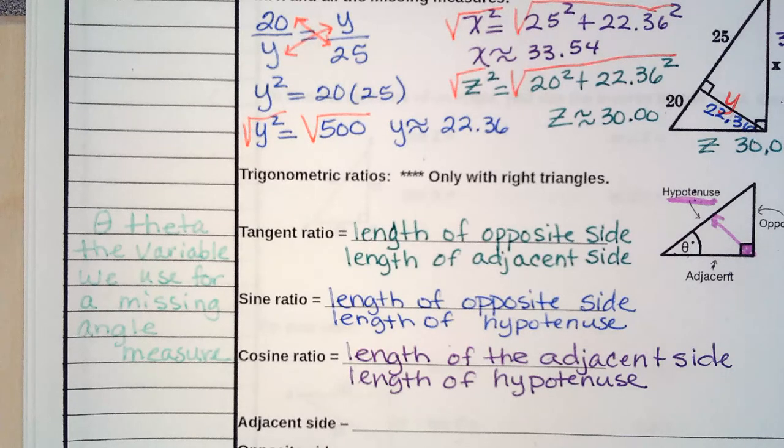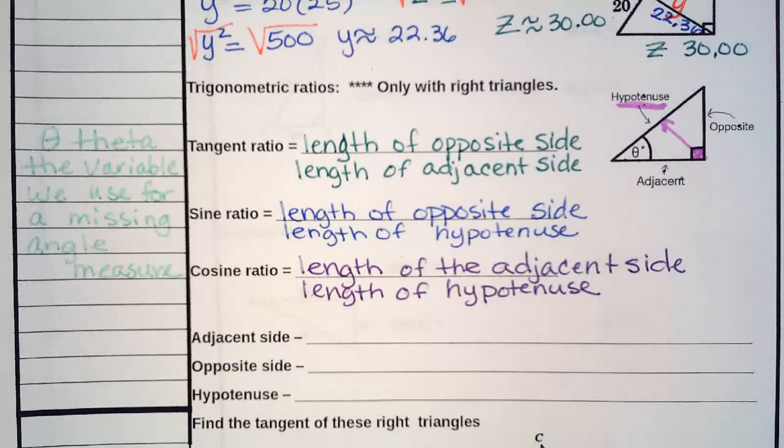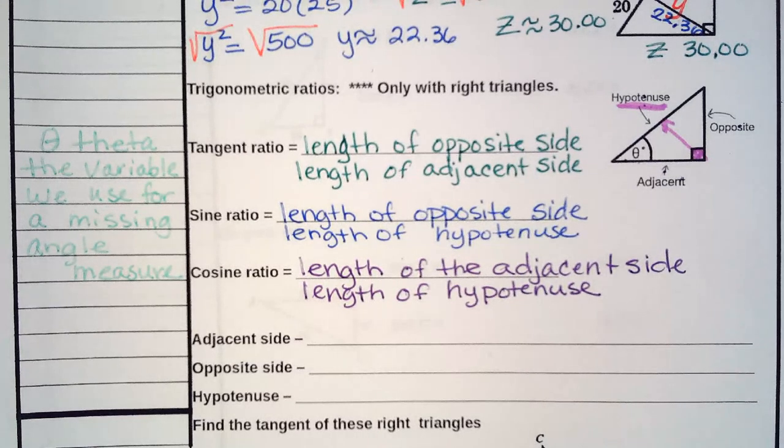So, now we have to explain what an adjacent side is. What is an adjacent side? To be able to define adjacent side, we have to think of what the word adjacent means. Adjacent means next to. The adjacent side is the leg that is part of the angle you're looking at.